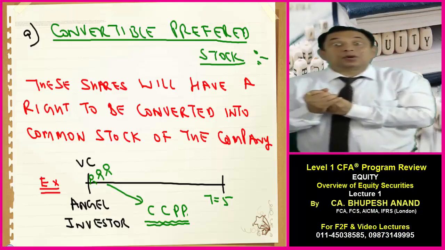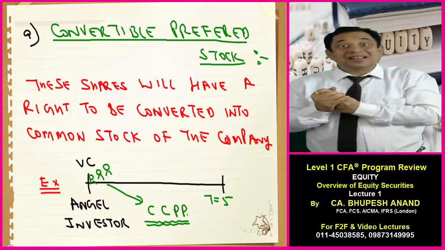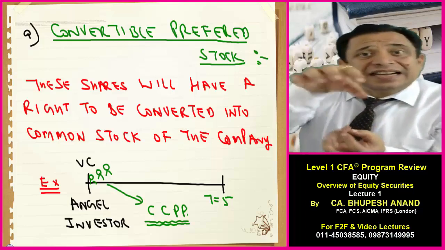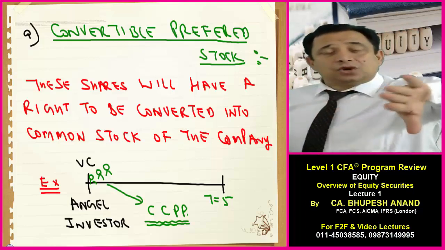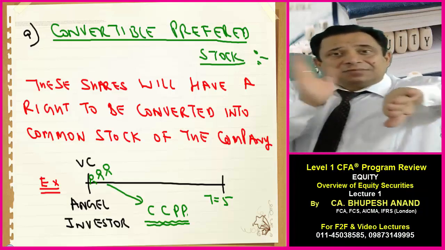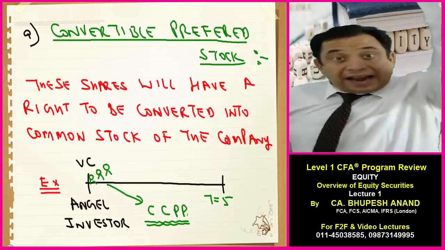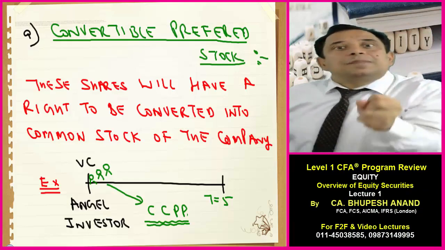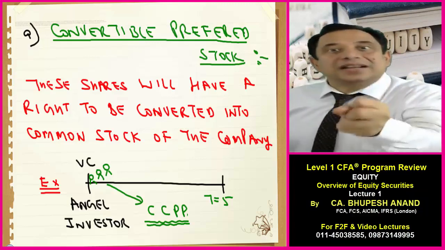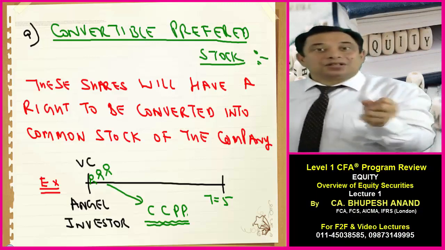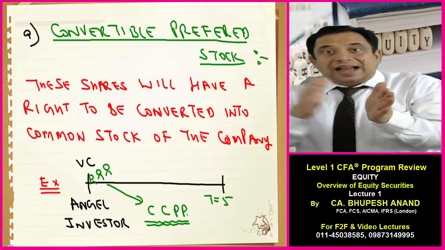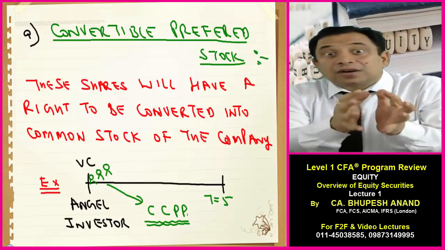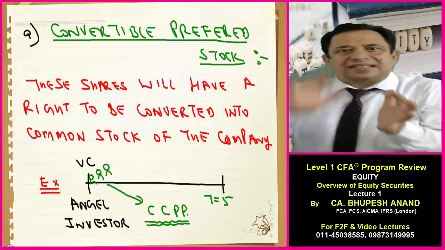I will give you the example of venture capitalists and angel investors who invest in the beginning, in the seed. They invest in the seed investment when the idea is not even proven. At that time they invest for 5 to 7 years. Generally they are interested in convertible preference shares which have a cumulative right and a participating right, because if the company is growing and comes with an IPO, these angel investors want a return of 8x, 9x or 10x as the case may be.